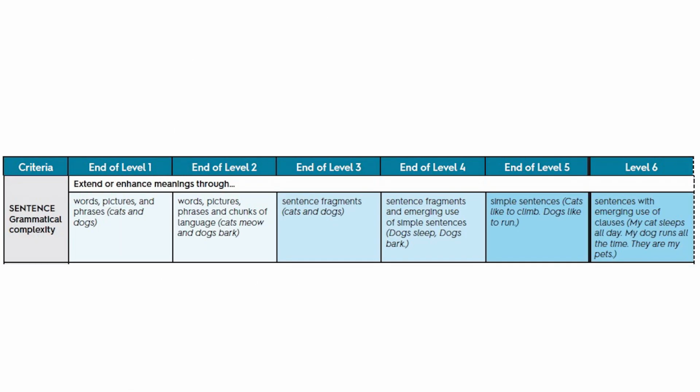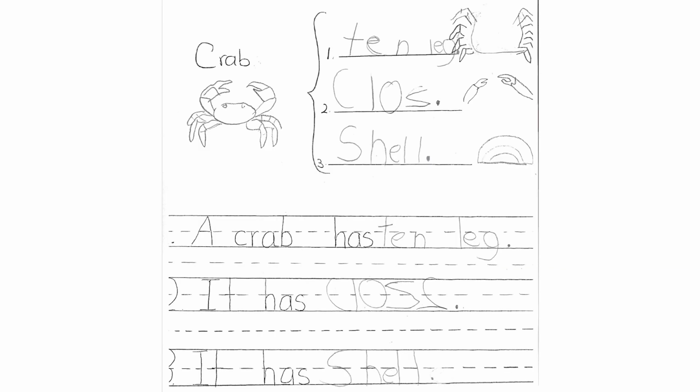But there was another student, and her writing proficiency score is 2, which is emerging. So for this specific student, we had to provide sentence frames. For example, for the first sentence, I have "A crab has," and the student is expected to complete this sentence independently.